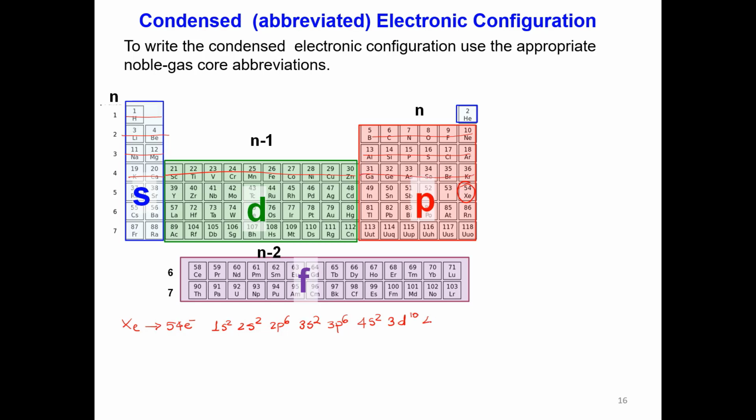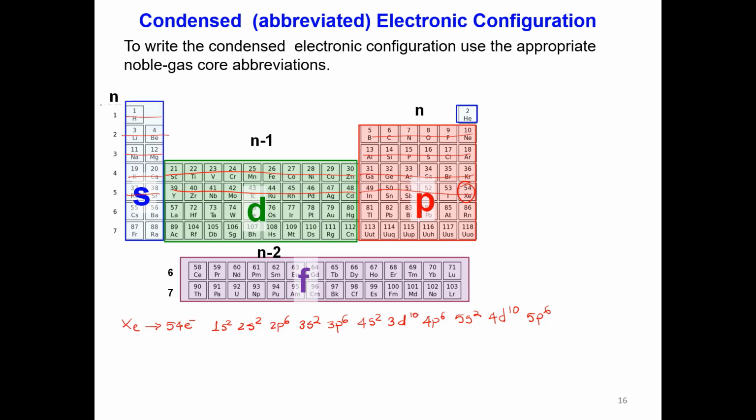Now again 4p6, 5s2. It's not 5, it's 4d10. Now we had in this case again 5p6, 6 because it's completed. Yes, 5p6.